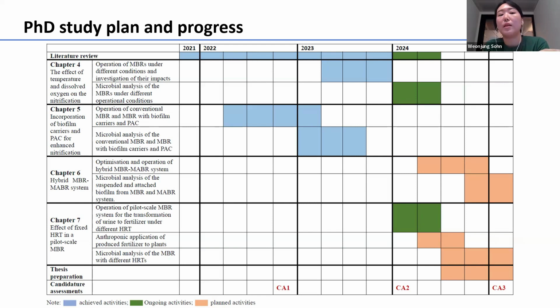But some DO and conductivity meters are already included in the system, so it automatically measures every second. So I can see correct and precise data from the system. So I think I can control it. I cannot just get used to the operation of the pilot system soon, I think.